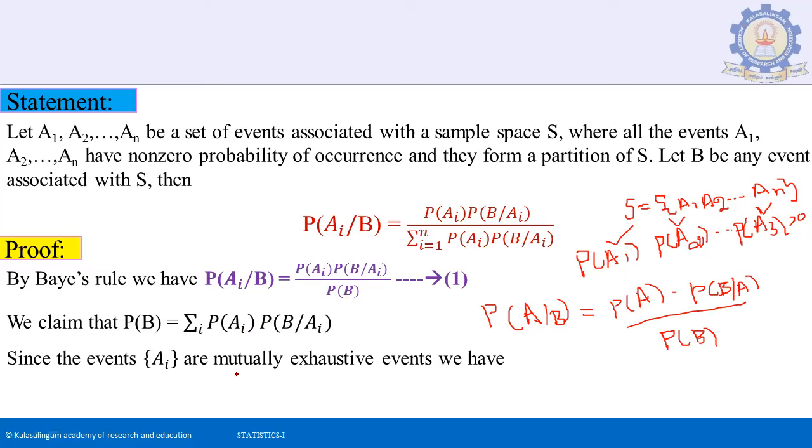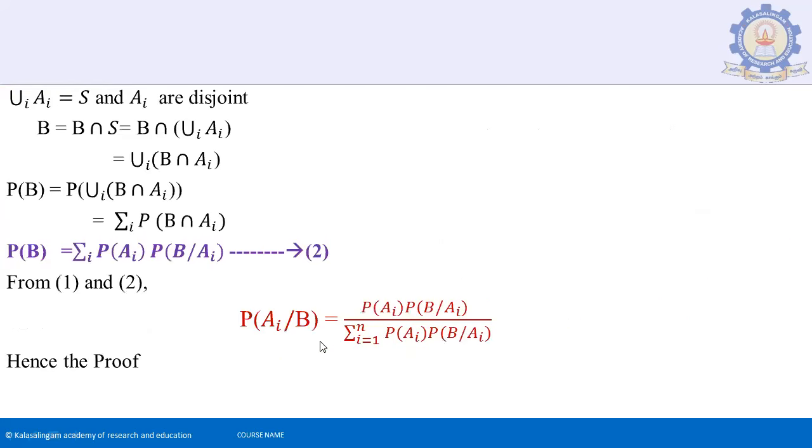Since the events are mutually exclusive, the union of Ai equals the sample space S. All the events are disjoint. We know that S equals the union of the Ai.